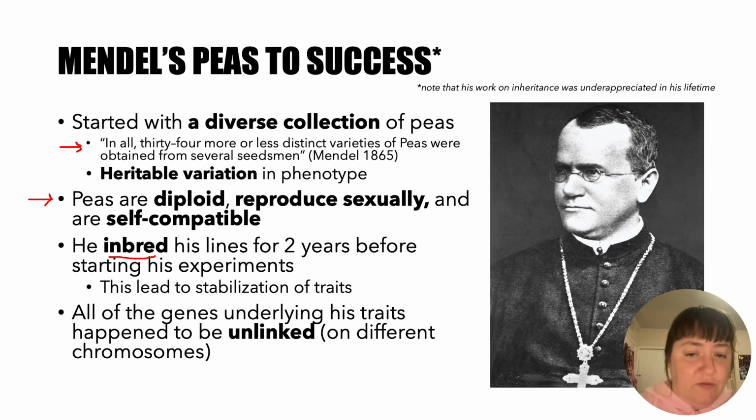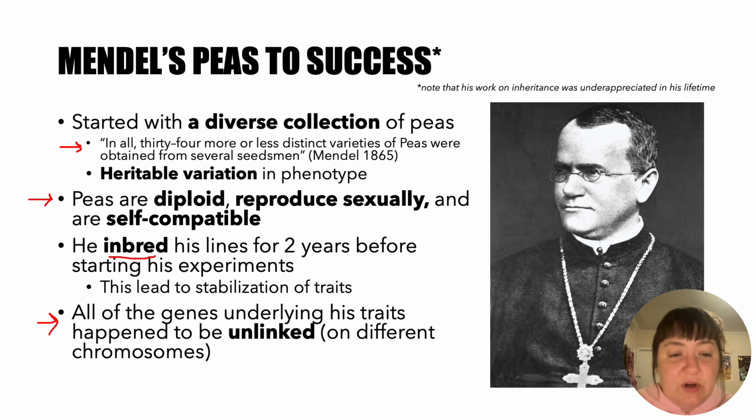He wanted them to be really uniform, so like all of the flowers would be purple on one of the varieties he was interested in, for example. And then this was really just a stroke of luck, or maybe he did this on purpose, I don't know. But basically all of the genes underlying his traits happen to be unlinked in the pea genome.